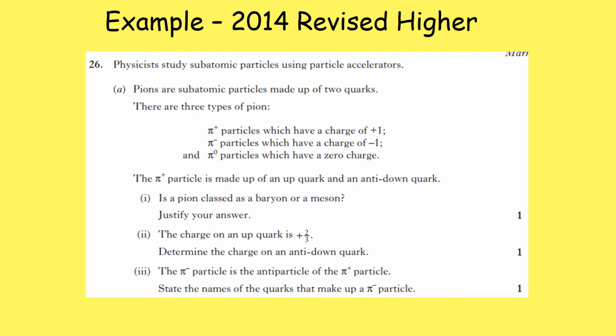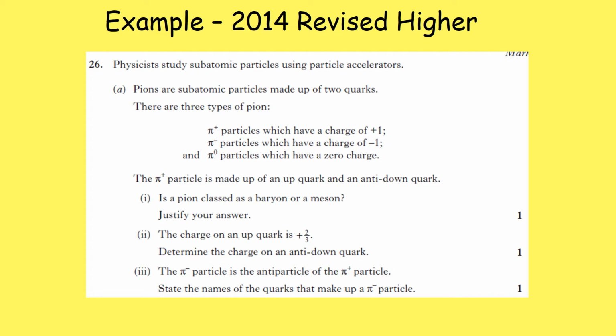The 2014 revised higher. Physicists study subatomic particles using particle accelerators. Pions are subatomic particles made up of two quarks. There are three types of pion: pion plus, pion negative, and pion naught. Pion plus has a charge of +1, pion negative has a charge of -1, and pion naught has zero charge.